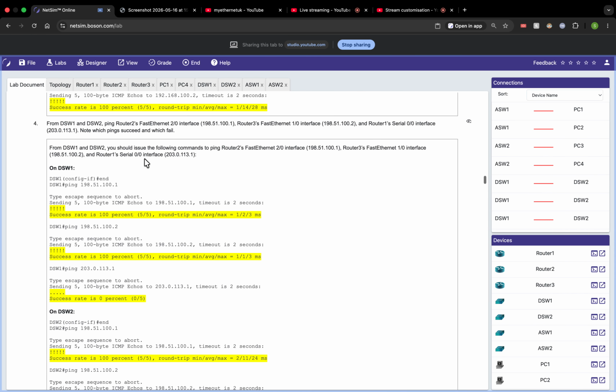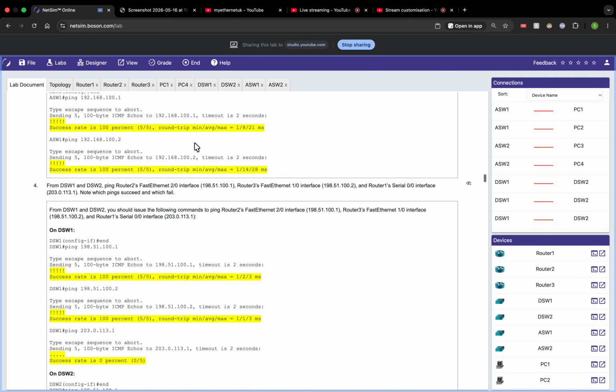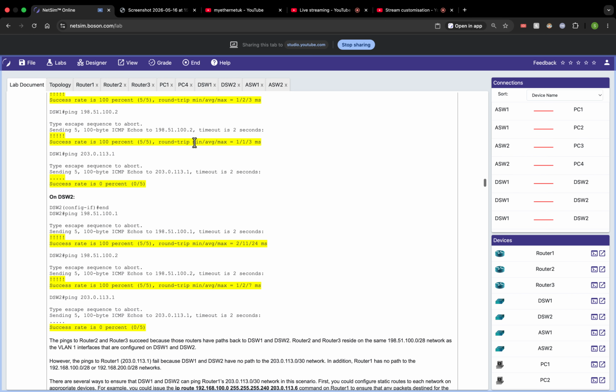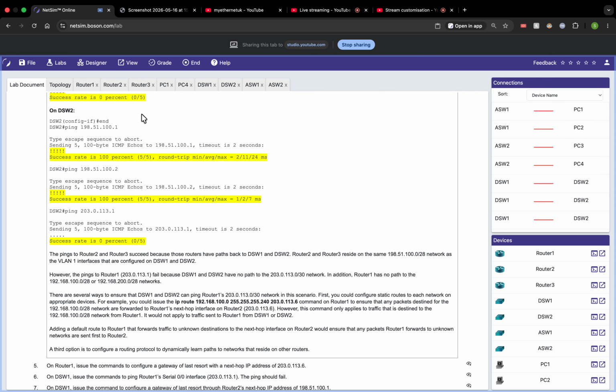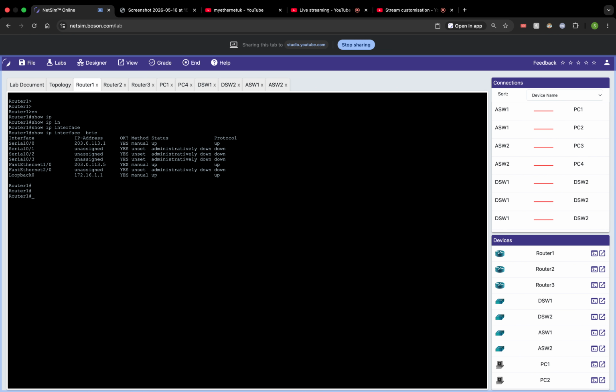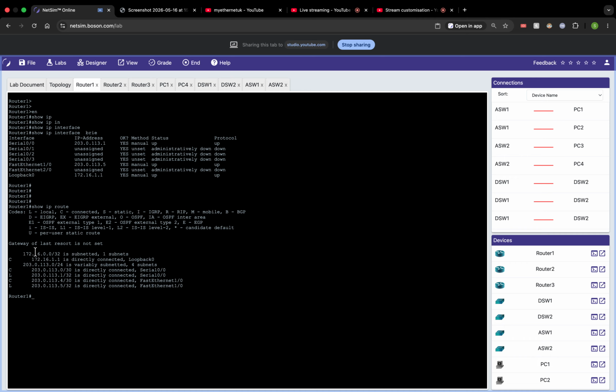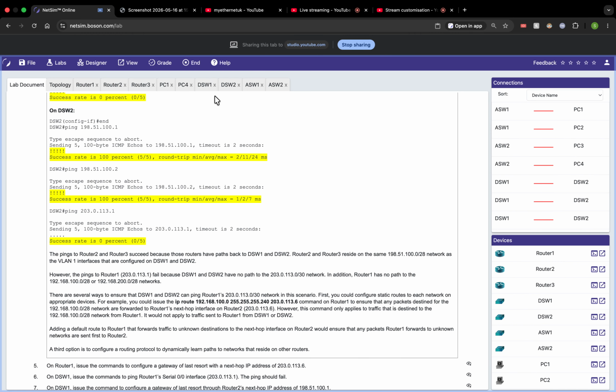If I just do show ip interface brief here, we can see VLAN 1, 198.51.100.4 and 198.51.100.3. We were pinging IP addresses that were in the same VLAN there.